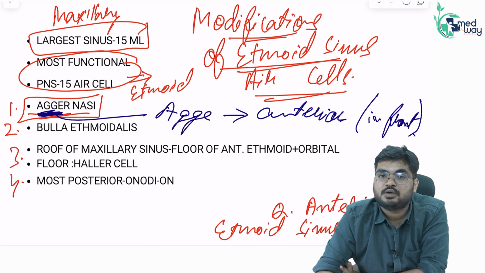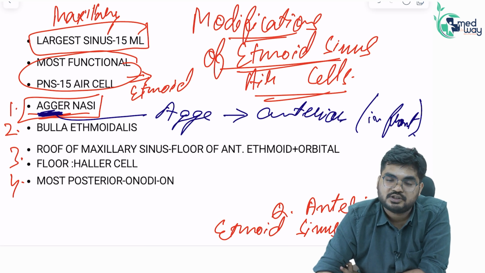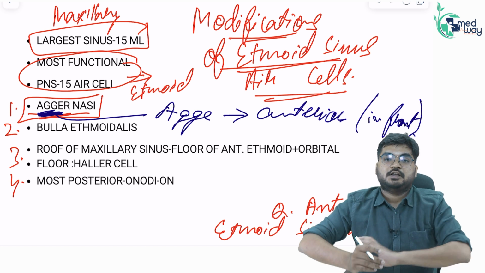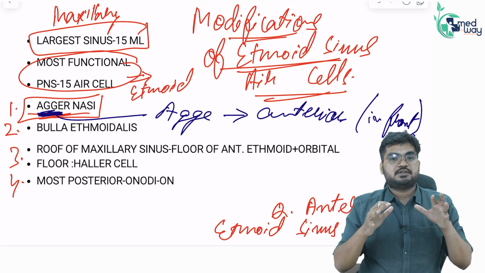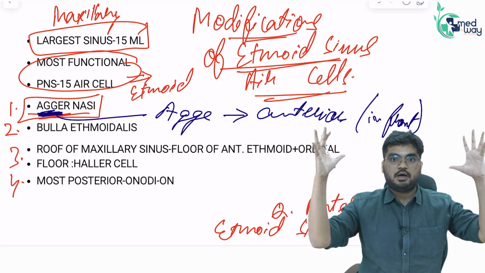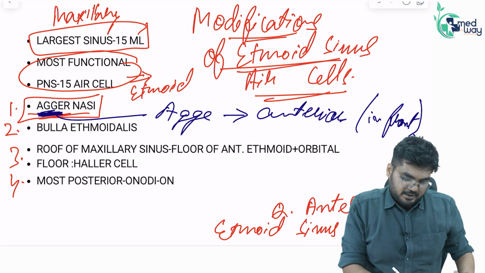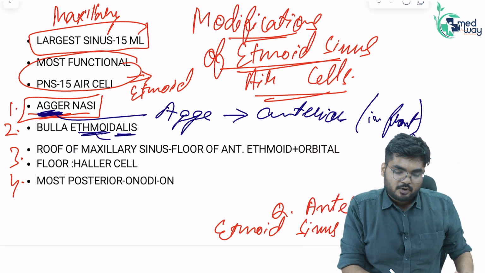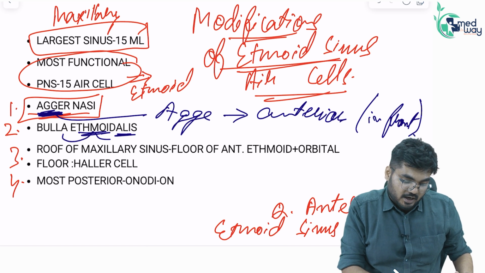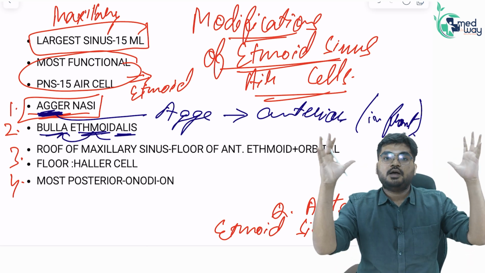Talking about the second one, bulla ethmoidalis. How is the question asked? Which is the largest ethmoidal air cell? Remember, wherever you hear this word bulla, bulla means large. The ethmoidal air cell which is the largest is bulla ethmoidalis.